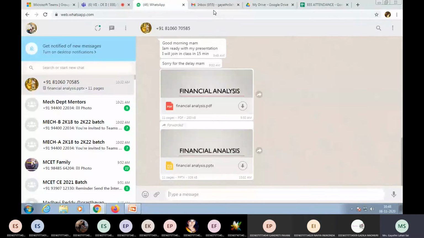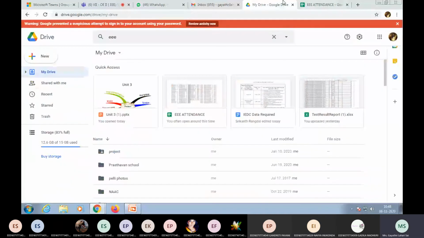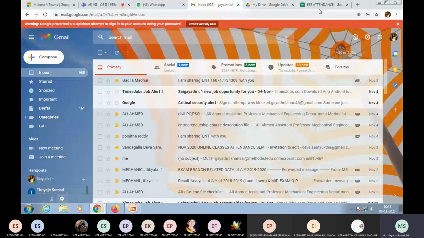Then do one thing, send it to your friend Pavani. Pavani, are you there? Yes, ma'am, I am. She will share it, and I will send it. Okay, ma'am. Navya, you do it. Meanwhile, I'll be showing the marks to them.